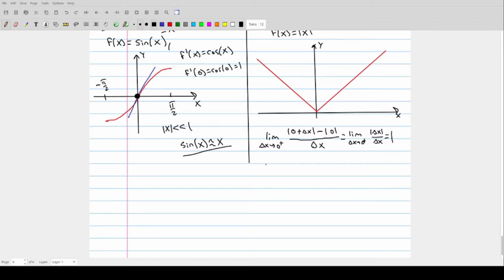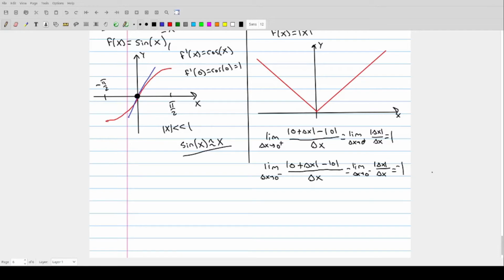But if you do this exact same limit from the left-hand side, where the limit as delta x approaches 0 from the negative side, where delta x is negative, the limit for the derivative of this function is going to be the limit of 0 plus delta x minus the absolute value of 0 over delta x, which is the limit as delta x goes to 0 from the negative side of the absolute value of delta x over delta x, which is equal to negative 1.